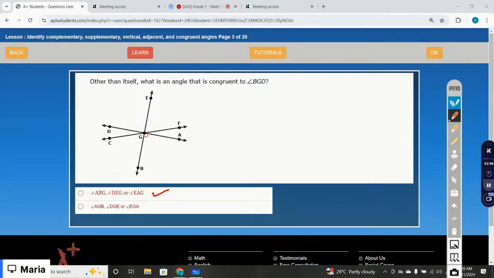Congruent angles are the ones that have the same measures, right? So option A is the correct option.